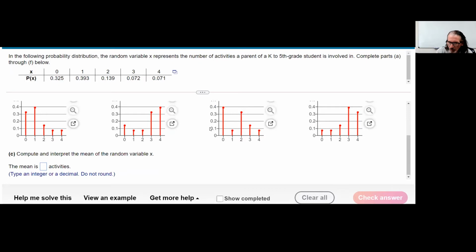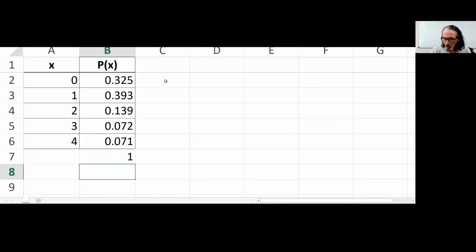Compute and interpret the mean. Okay, so let's see this both on Excel and on the TI-84. Remember that you would multiply the scores times their probabilities.